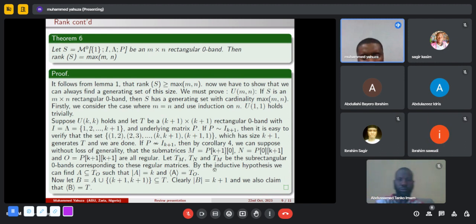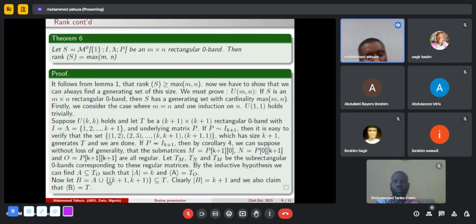Now, by the inductive hypothesis, we can find a subset A of T0 such that the size of A is equal to k, and this T0 is generated by A. Now, let B be equal to A union (k plus 1, k plus 1), because you can see in T0, we have deleted the k plus 1 row and k plus 1 column. So now here we are adding the k plus 1 row and column.